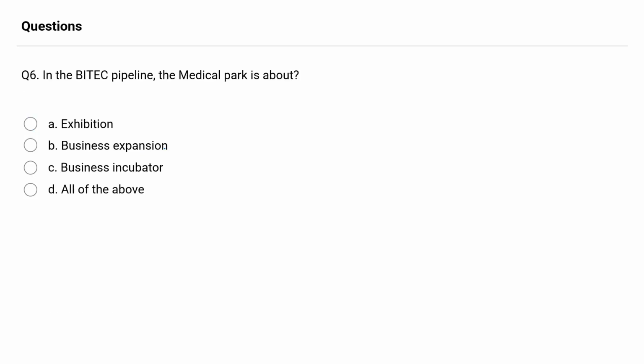Okay. Let's go to our sixth question. Again, here I just correct it. My mistake. Biomedical Engineering Technology Innovation Center. In the BETIC pipeline, Medical Park is about what? Okay, is it about exhibition? Is it about business expansion, business incubator, or all of the above? Okay. If you remember, there was a slide which talked about Medha and things like that.